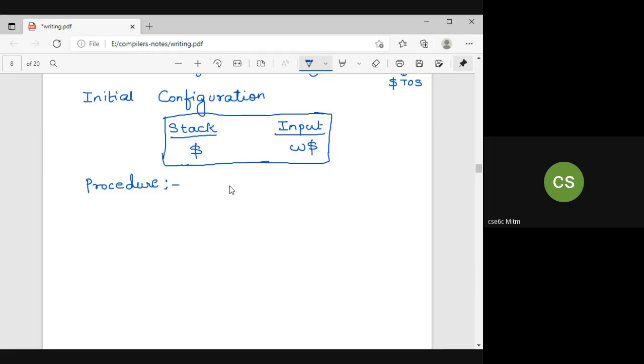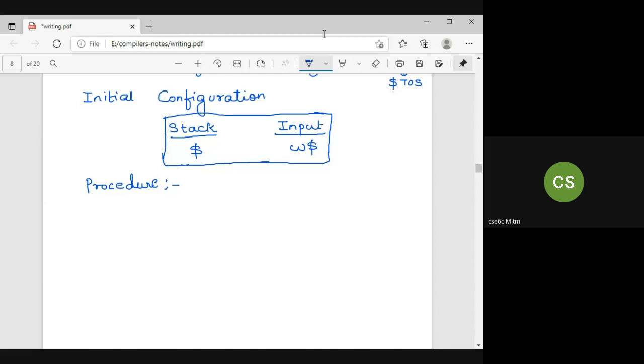During the left to right scan of the input symbols, the parser shifts 0 or more input symbols onto the stack.